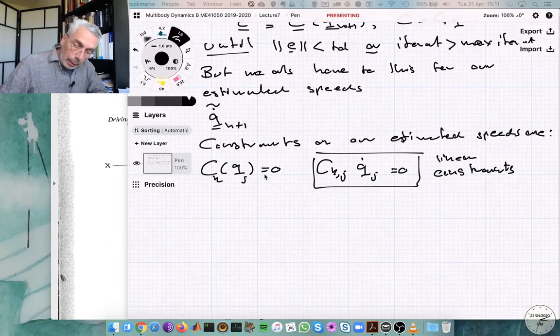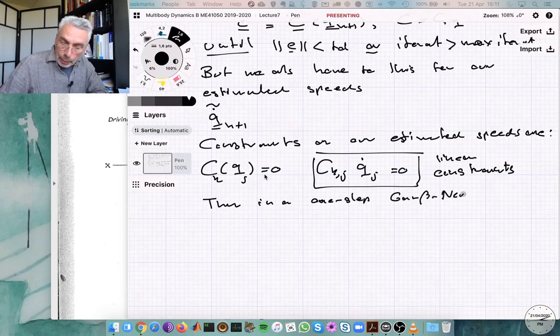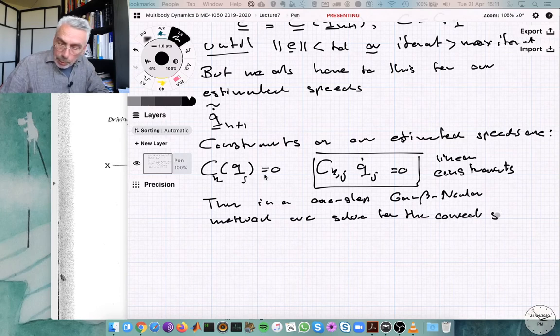Then in one step of the Gauss-Newton method, we solve for the correct speeds. So it's a one-step method. Very simple. We don't have to iterate or whatever.